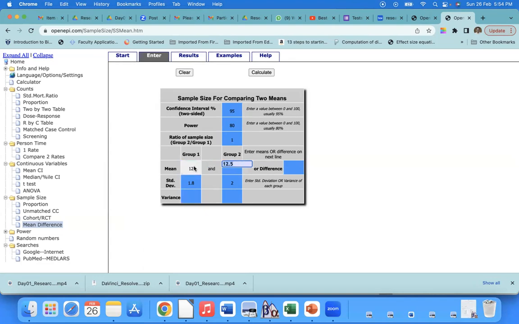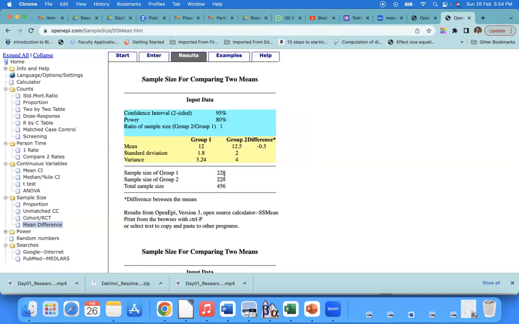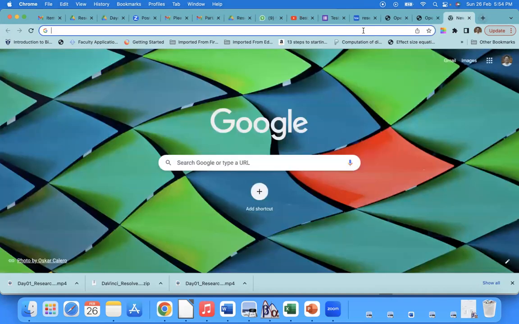These are very close, so to test that we may require a larger sample size. The sample size required will be 228 for each group.